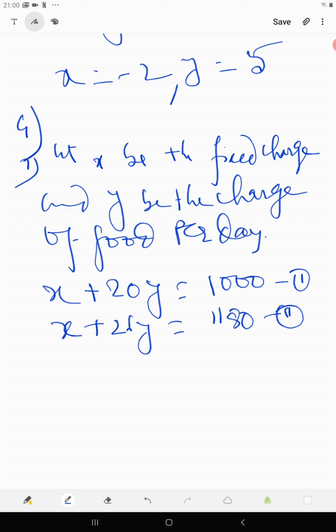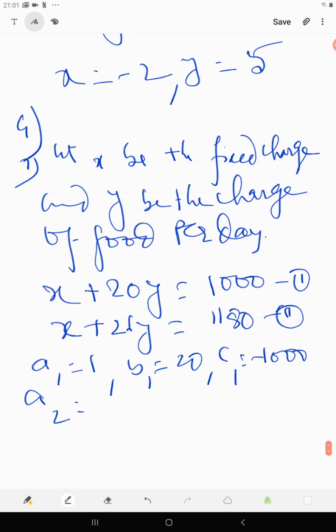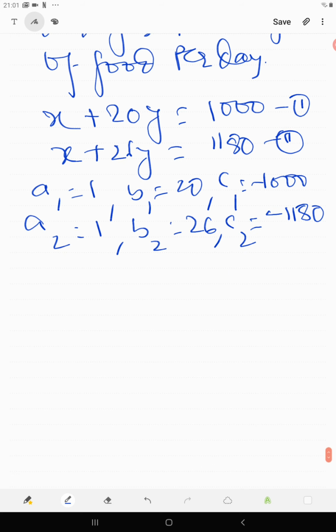So what we have: A1 equals 1, B1 equals 20, C1 equals minus 1000. Why minus 1000? Because we need to bring it to the left. Similarly, A2 equals 1, B2 equals 26, and C2 equals minus 1180, and then put it in the formula x by B1C2 minus B2C1. The same formula I will apply, and what you will get is X equals 400 and Y equals 30.